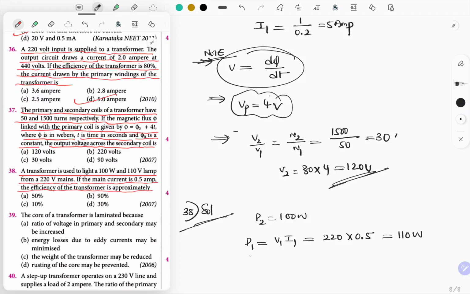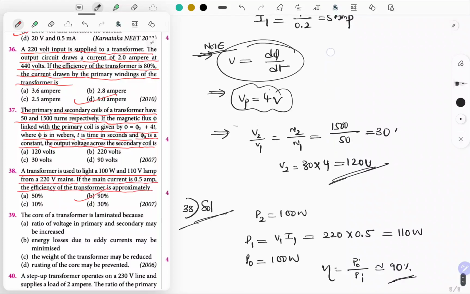The output power is 100 watt, right? Then efficiency is output power by input power, isn't it? Which option matches? So 100 by 110 is approximately 90%. Option B is the correct answer.